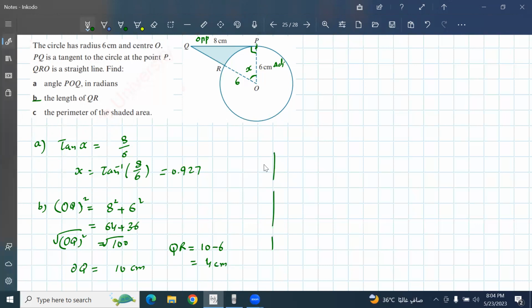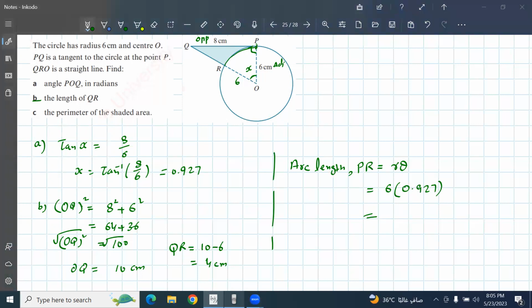And then next, calculate the perimeter of the shaded part. Before calculating the perimeter, we have to find the arc length, this arc length PR. For arc length PR, I will apply the radian concept: r theta. The radius we know, which is 6, and the angle we found in the first part, 0.927.